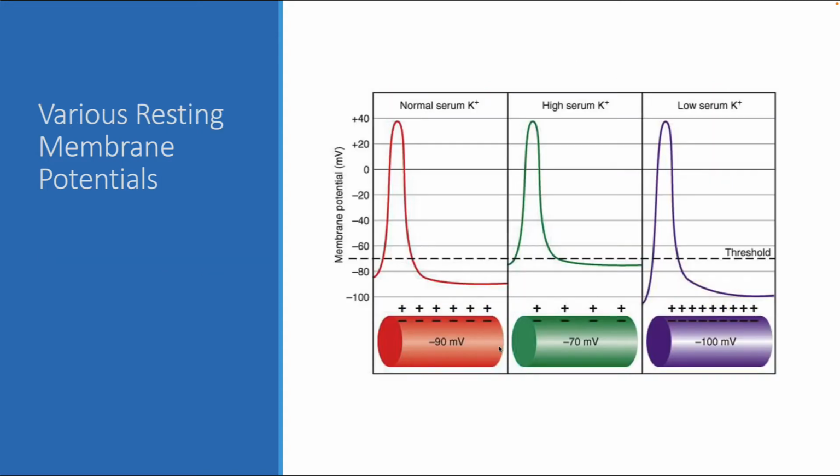Now, what changes that then is the movement of sodium. Now, in this case, you can see that having a normal serum potassium makes the action potential have this relationship to the threshold, right? The threshold is here.